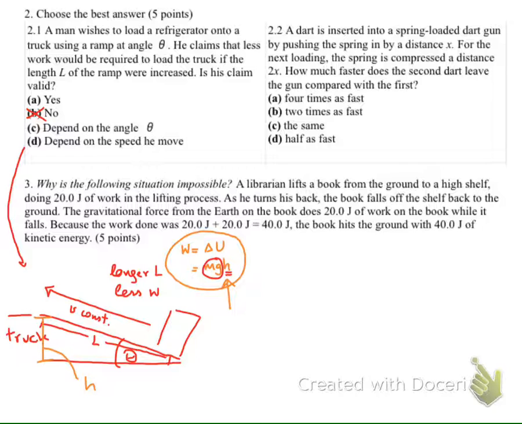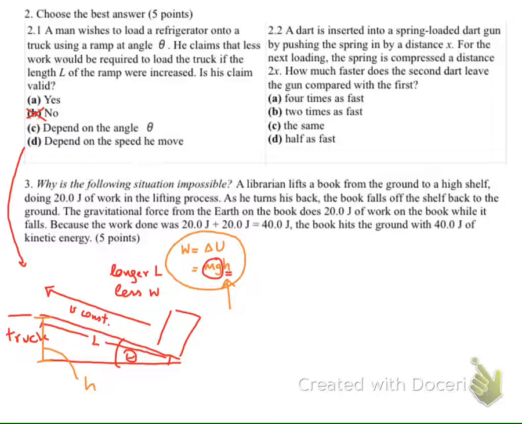Now let's see problem 2.2. A dart is inserted into a spring-loaded dart gun by pushing the spring in by distance x. For the next loading, the spring is compressed at distance 2x. How much farther does the second dart leave?